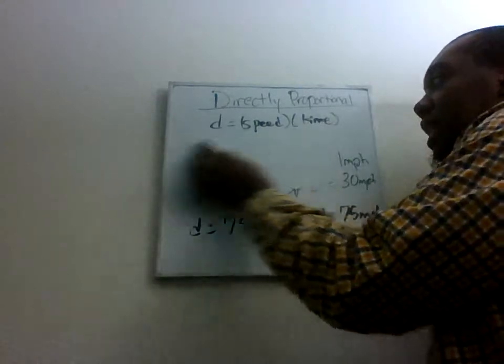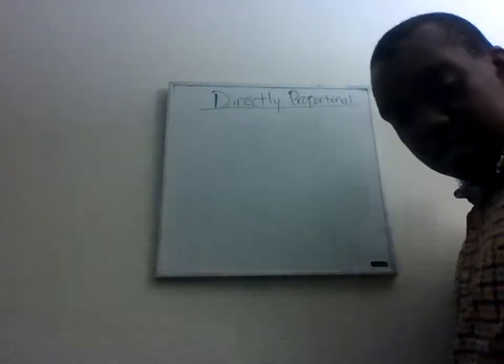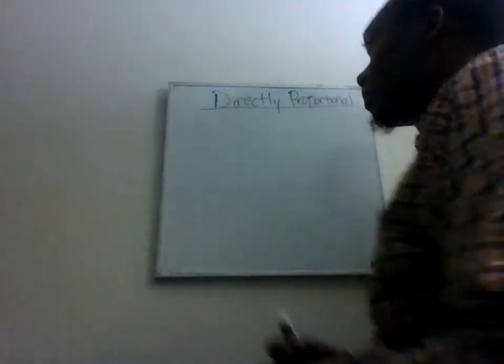So let's say you're doing a directly proportional problem. And let's say that you see that as x doubles, y doubles.